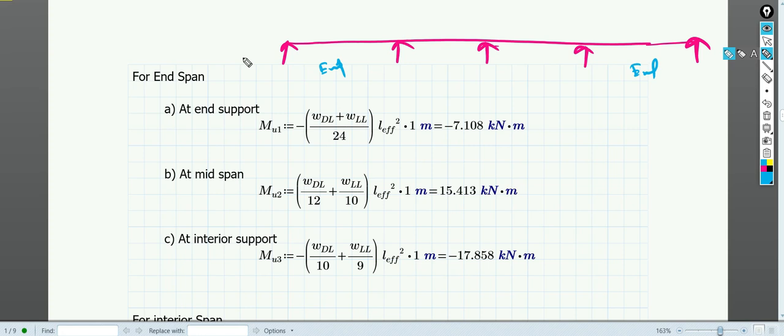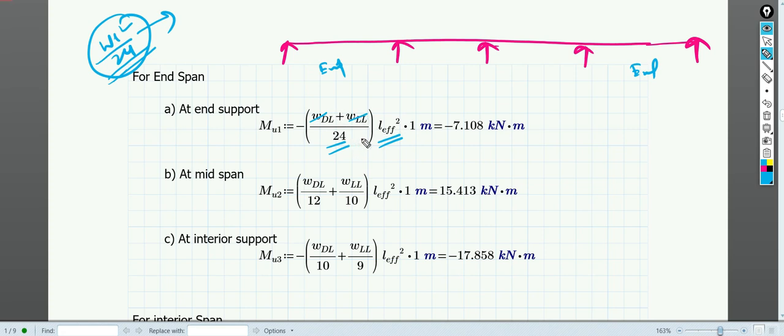Because of the wall, a certain amount of moment of resistance you will find, and that value is basically given by WL square by 24. You have to remember this WL square by 24, and that is why we have taken dead load plus live load by 24. That will give you into L square.